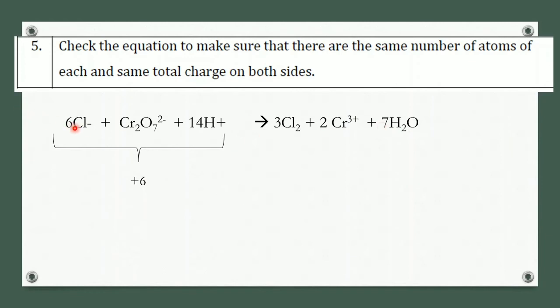So negative 6 plus negative 2, so negative 8 plus positive 14, so you'll get positive 6 on your left side. And here you have 2 chromium ions, which is positive 6. So this is just to double check that your answer and the equations are balanced.